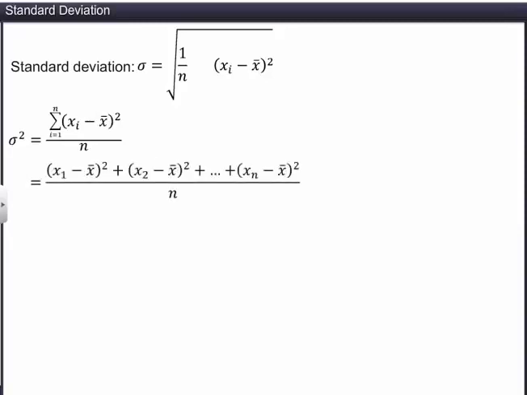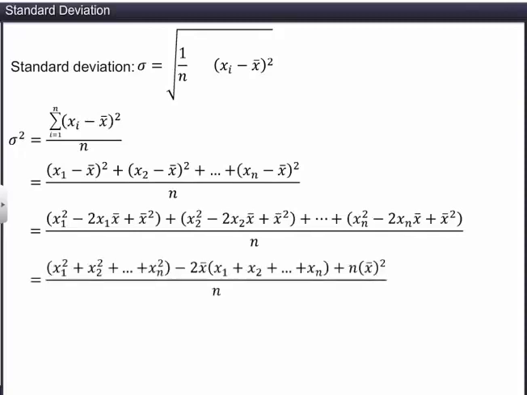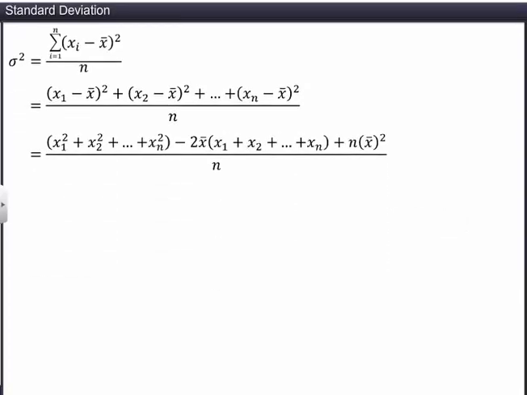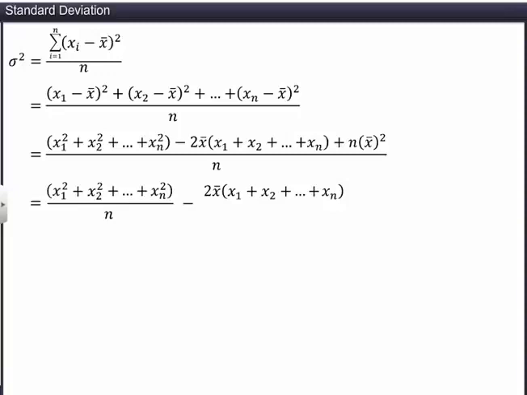On rearranging the terms and simplifying, we get x1 squared plus x2 squared plus so on till xn squared whole divided by n, minus 2x bar multiplied by x1 plus x2 plus so on till xn whole divided by n, plus n multiplied by x bar square whole divided by n. We know that the sum of the observations divided by the number of observations gives the mean of the observations.